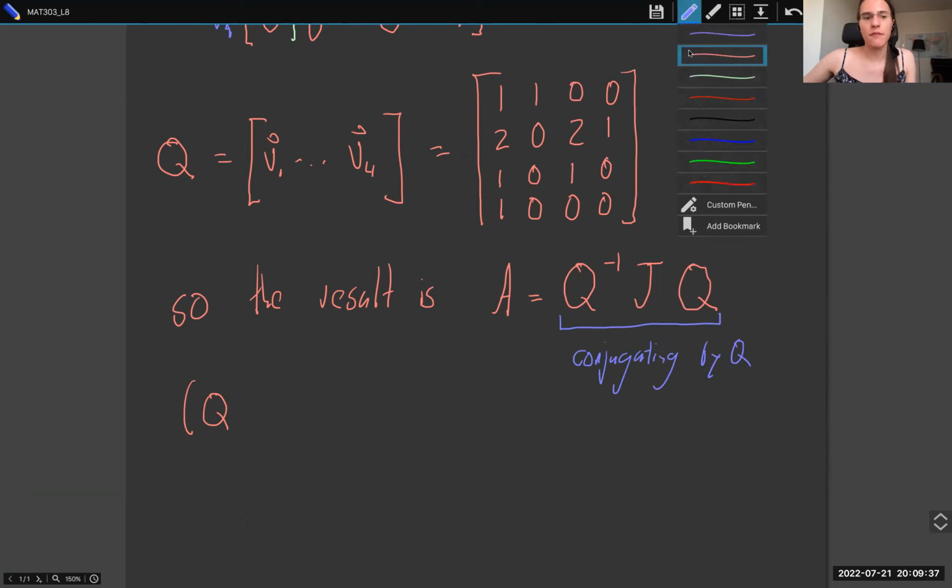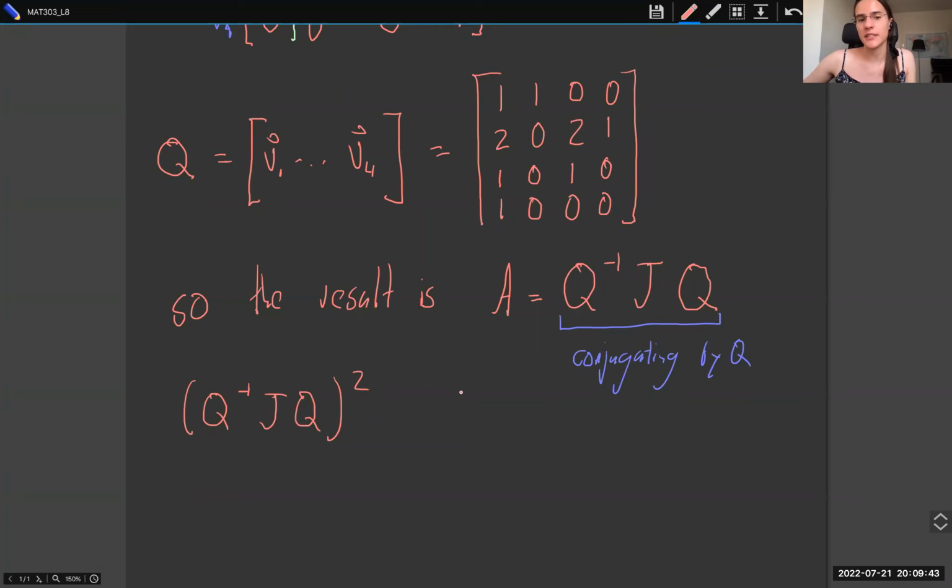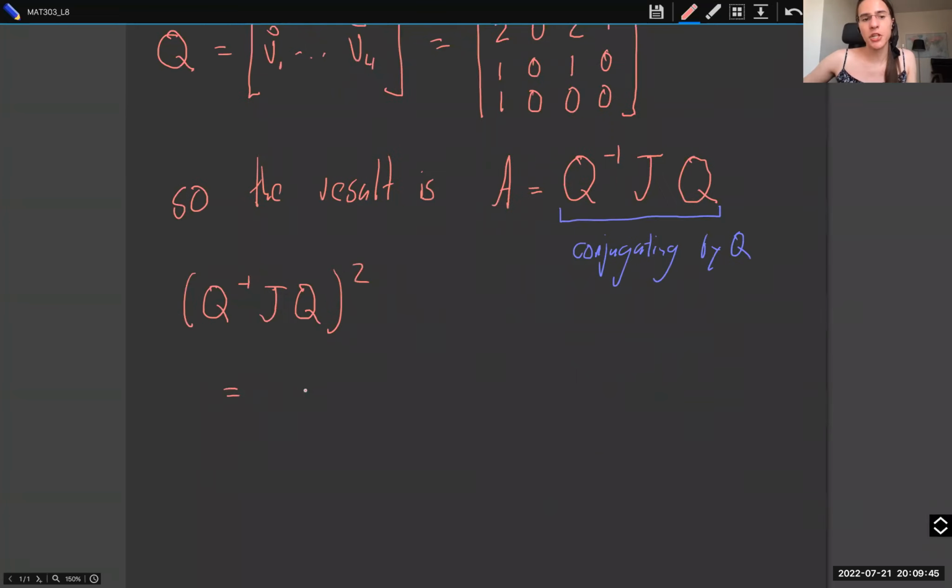Well, what happens if we take Q inverse JQ and square it? By definition, that's equal to Q inverse JQ times Q inverse JQ, right? But the Q's cancel out.